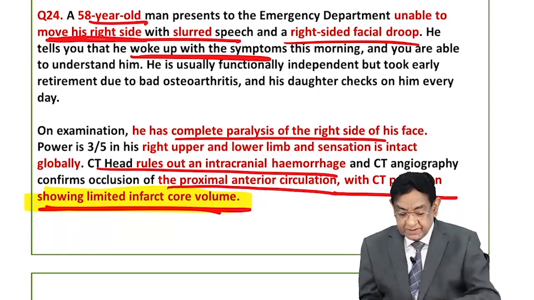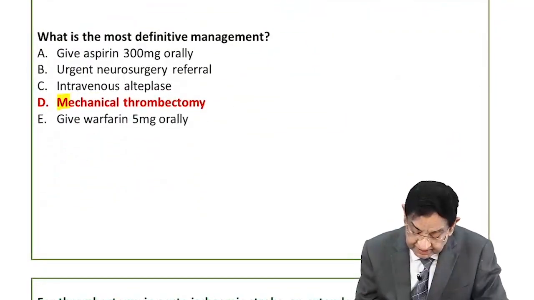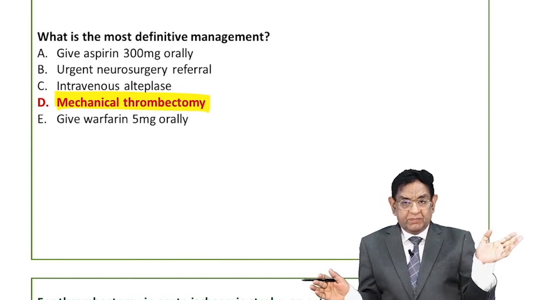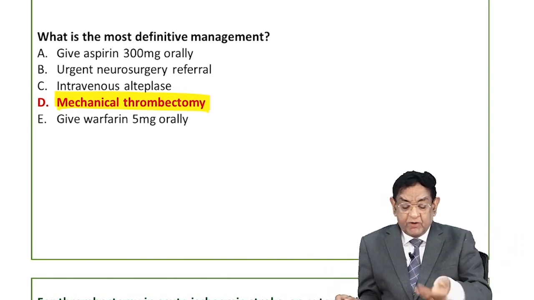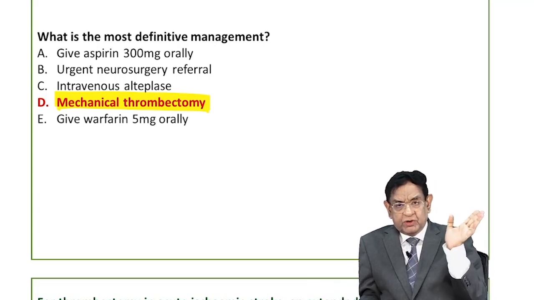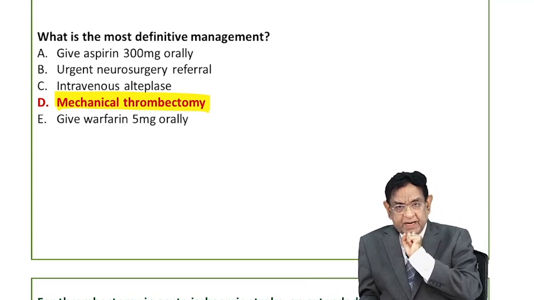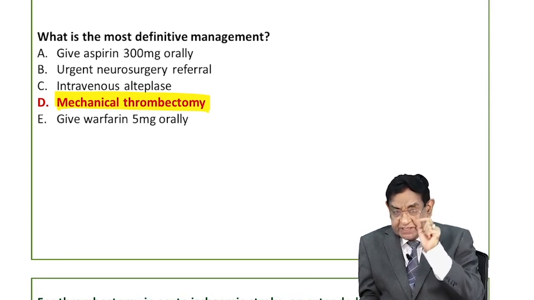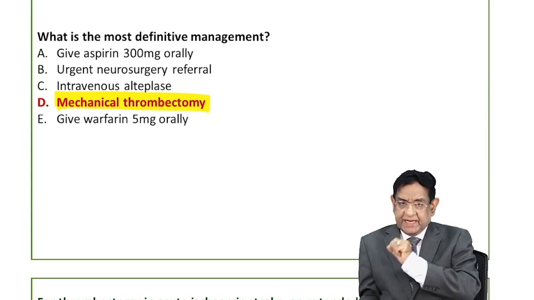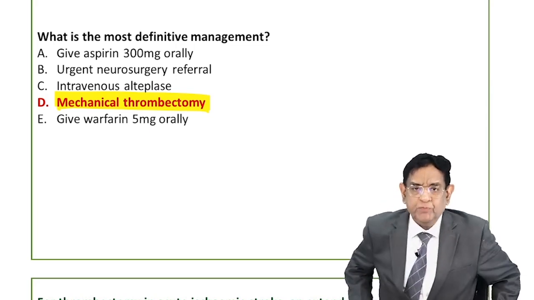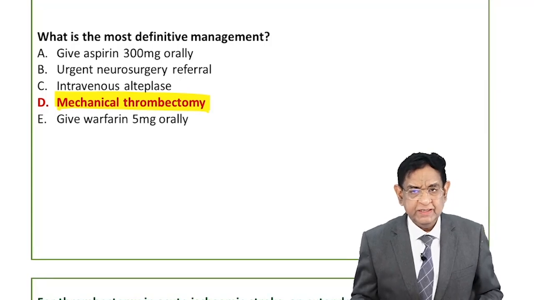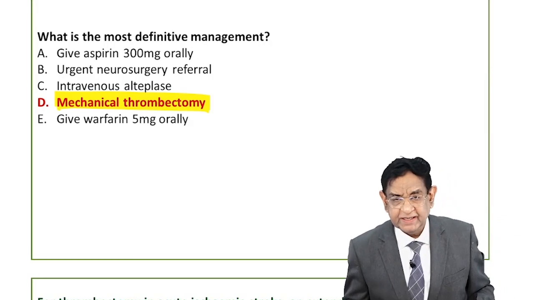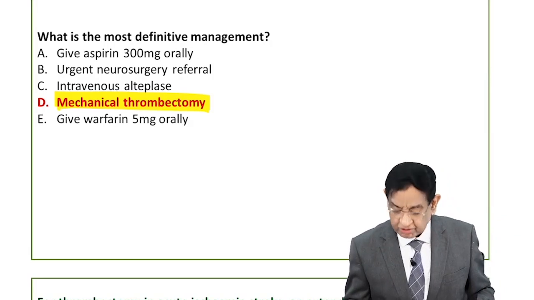With a long time window, the best answer shall be thrombectomy. We have to save the brain because there is salvageable brain tissue. Within 4.5 hours, go for thrombolysis, and after that, go for thrombectomy.